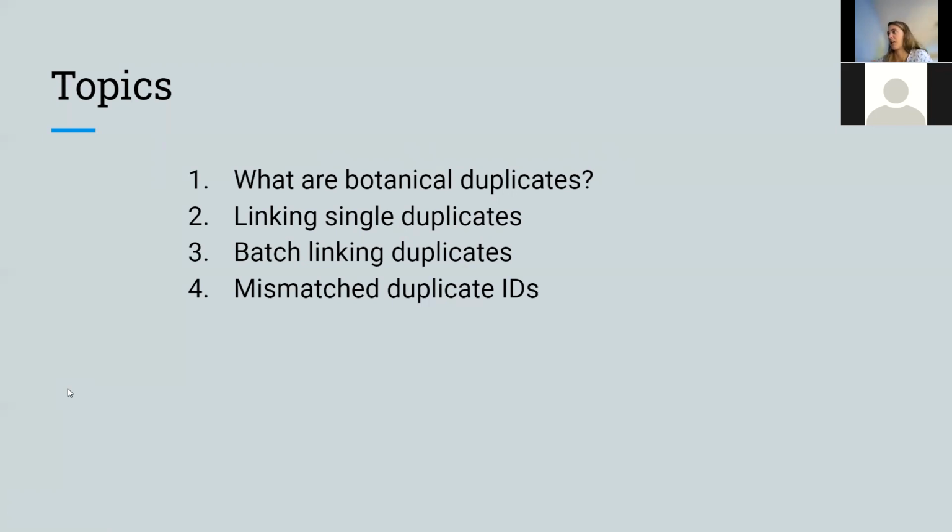And then I'm going to talk about tools that can be used to link single duplicates, batch link duplicates, and then we have a cool tool that you can use for looking for instances in which a duplicate that you have has a different identification than a duplicate in another collection. So I'm going to talk about all of those briefly here.